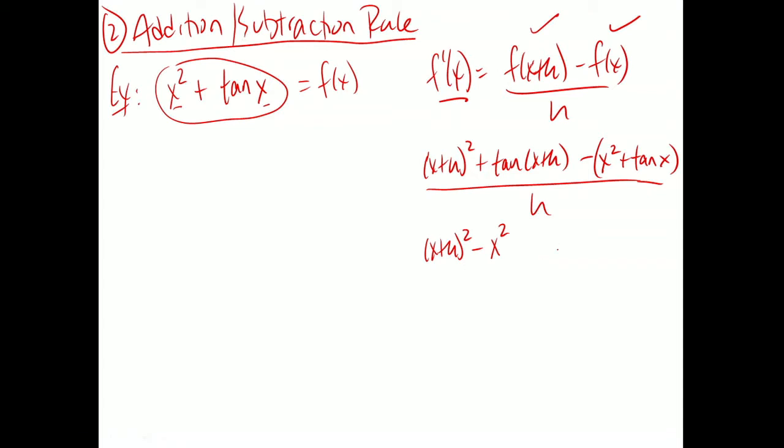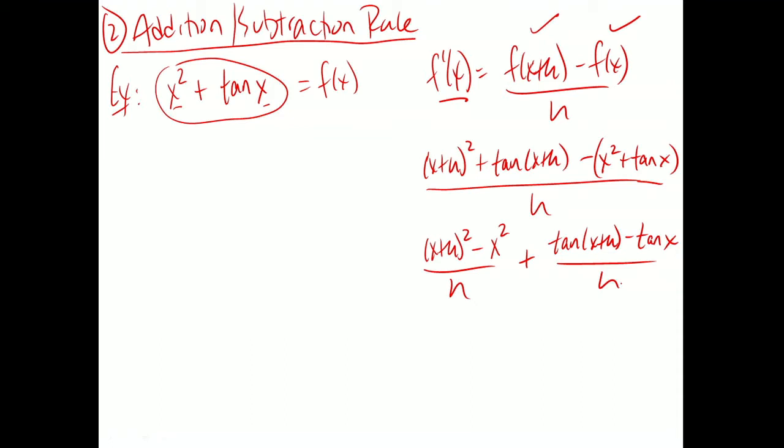And then let me group the tan stuff together. Okay, now these are still added together, right? I'm still doing this plus that stuff, so I'm still adding here. But I can break this into two separate fractions. That's legal. They're both divided by h.